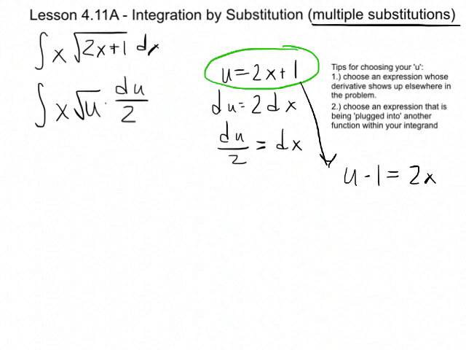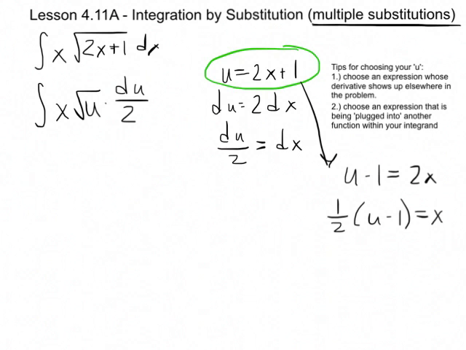For that matter, isn't it true then that 1/2 of (u minus 1) is equal to x? If your original substitution is correct, anything that leads mathematically from that is also going to be true. And this statement here, me solving for x, means that x can be replaced with this expression.